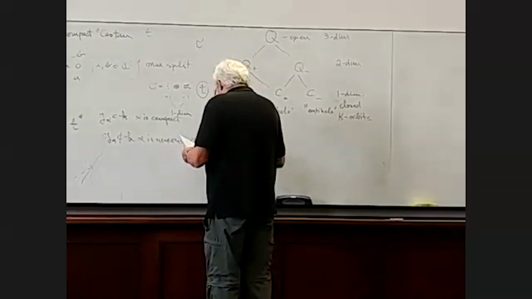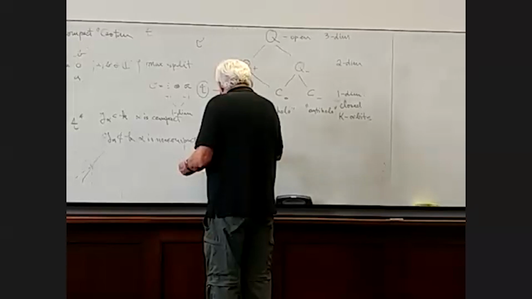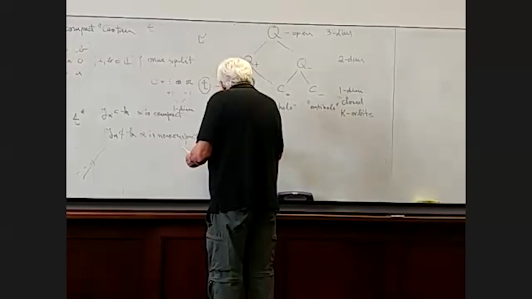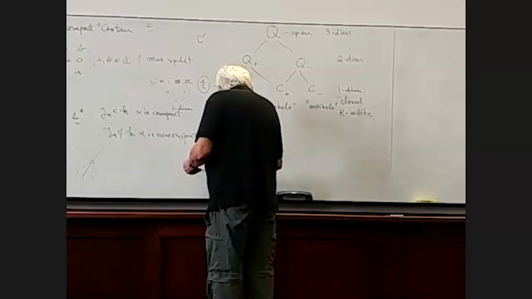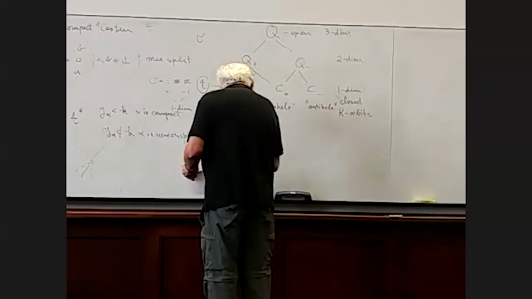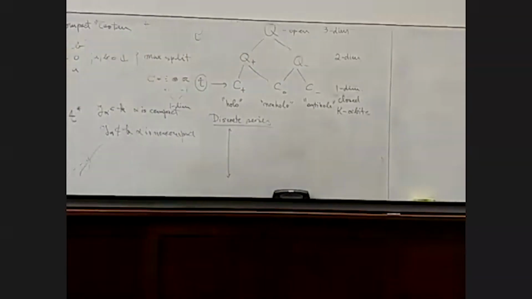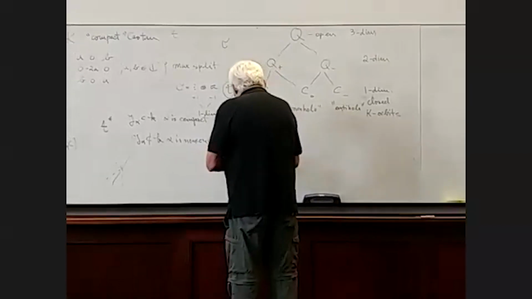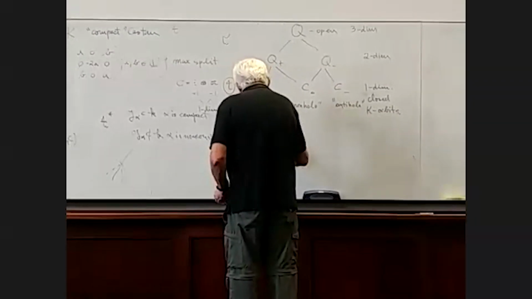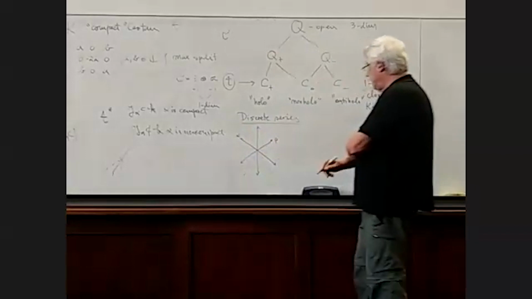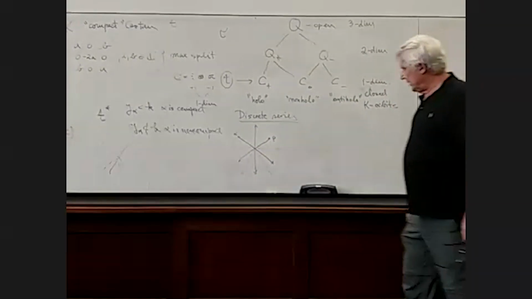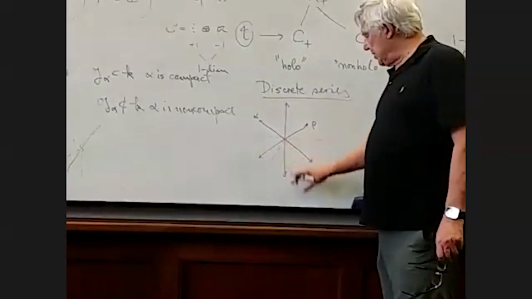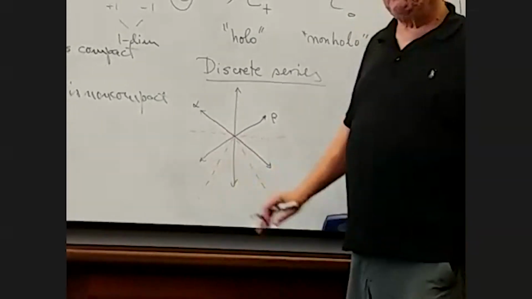And now let me draw the picture. I hope I can do a decent job. I'm terrible at this. So this is a different color. So let's assume that these are our simple roots. So these upper three roots are positive roots. So the negative chamber is this one.